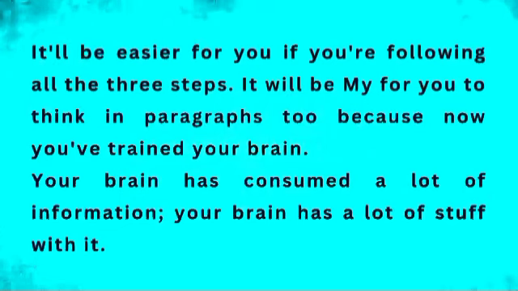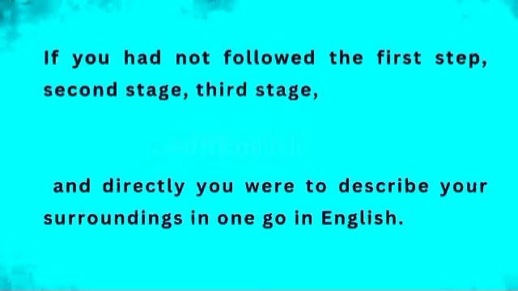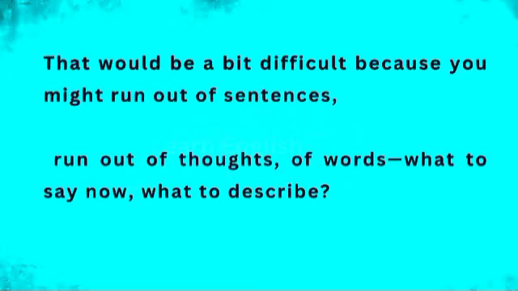Your brain has consumed a lot of information. Your brain has a lot of stuff with it. If you had not followed the first step, second stage, third stage, and directly you were to describe your surroundings in one go in English, that would be a bit difficult because you might run out of sentences, run out of thoughts, of words. What to say now, what to describe.